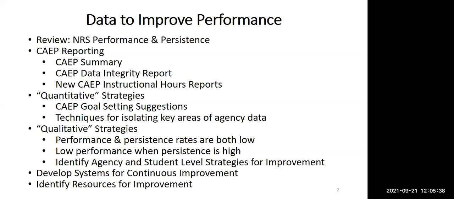And then we'll use the same general approach for qualitative. We'll review some information about performance and persistence that my hunch is most of you have seen many times, looking at agency and student level strategies that, looking at the participant list, I know many of you have heard about many times, but we'll start looking at some things you can do at your agency and at your consortium.